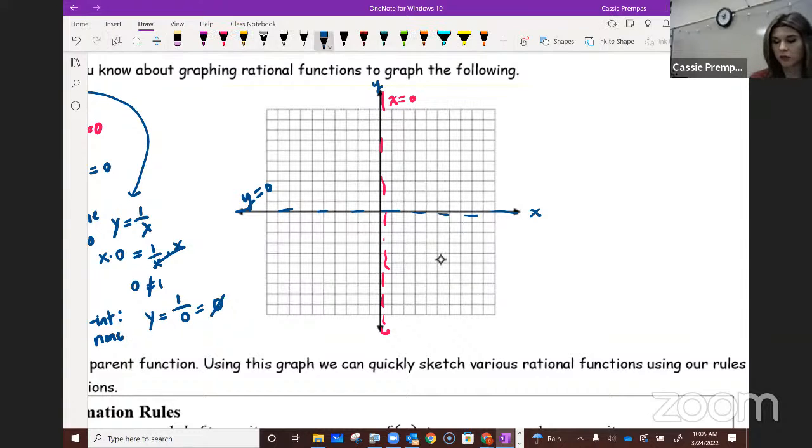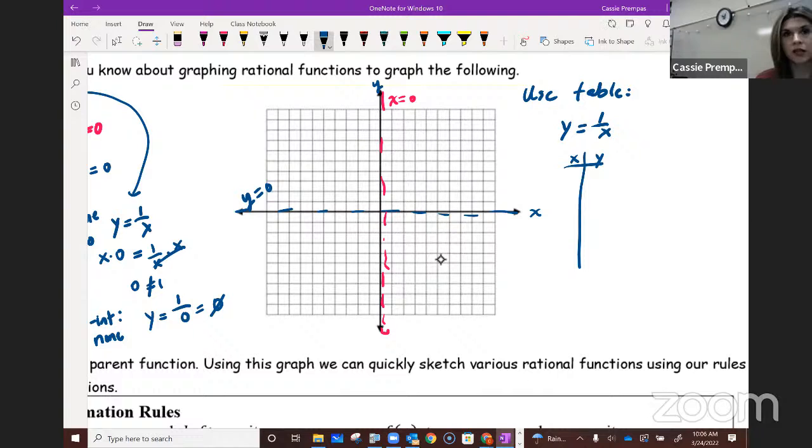If I don't know what's happening to the right or the left of the vertical asymptote, what can I use? How did you guys find points if you had a table? Good, we'll use a table. So I have y is equal to 1 over x, and I want to plug in numbers to the left and to the right of the vertical asymptote. So what would be a number to the left of 0? -2 would work.